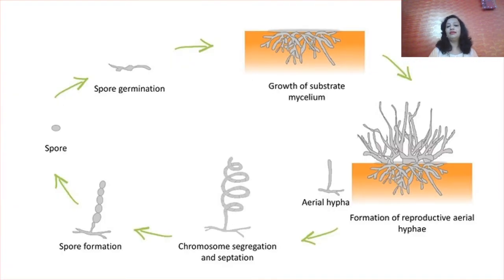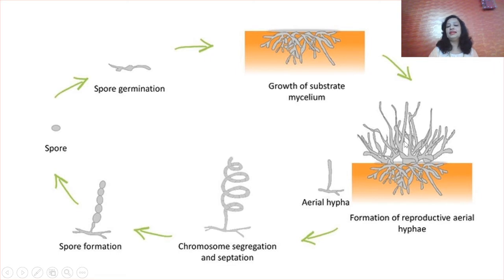This is the life cycle of a typical actinomycete. The spore present in the soil germinates under a suitable environment and initially produces substrate mycelium. The substrate mycelium grows, and later on, after extensive development and accumulation of nutrition, the aerial mycelium develops.